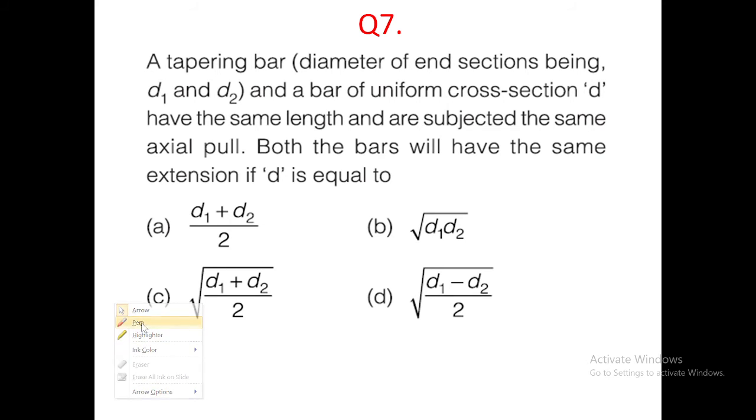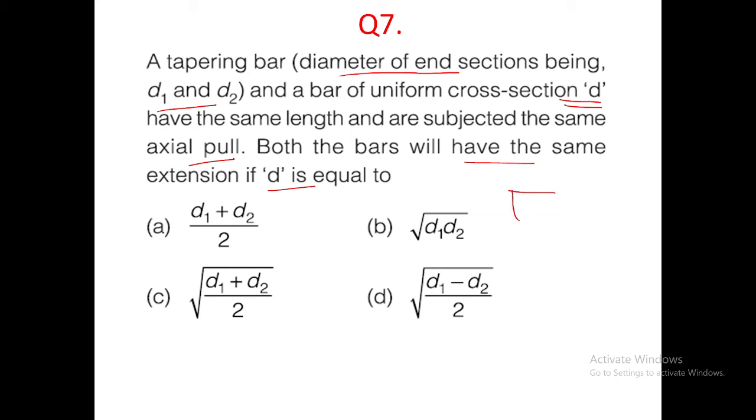Next, question 7. A tapering bar of end section diameters D1 and D2, and a bar of uniform cross section D have the same length and are subject to the same axial pull load. Both bars will have the same extension if D is equal to what?